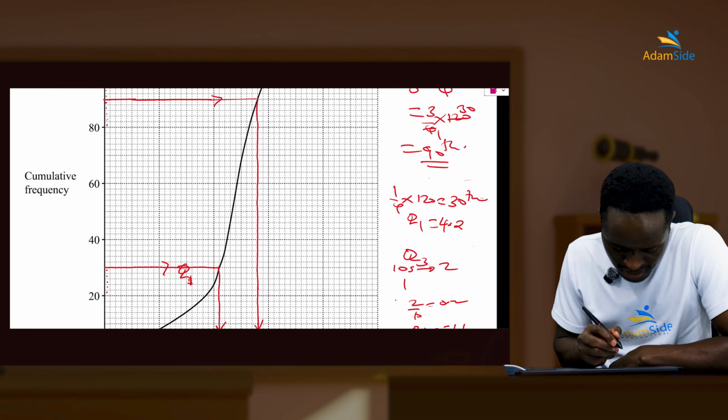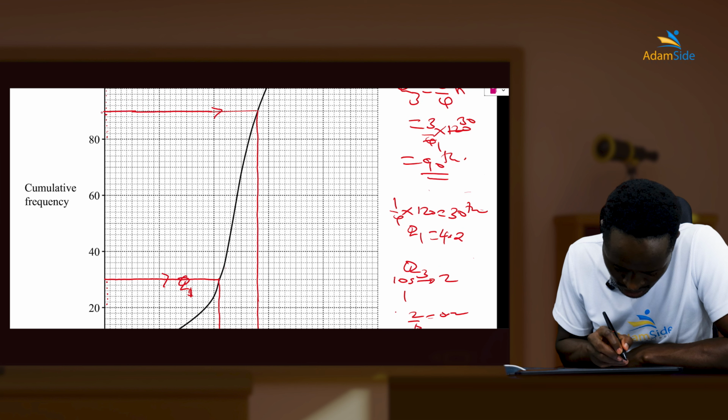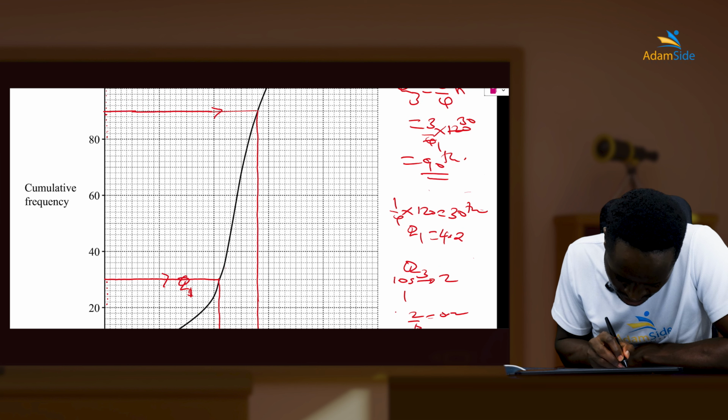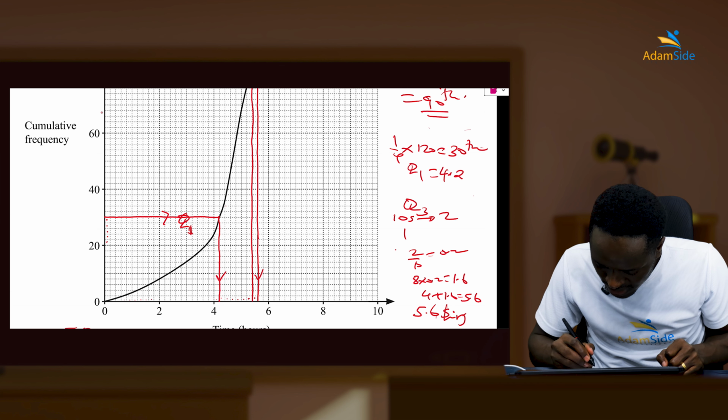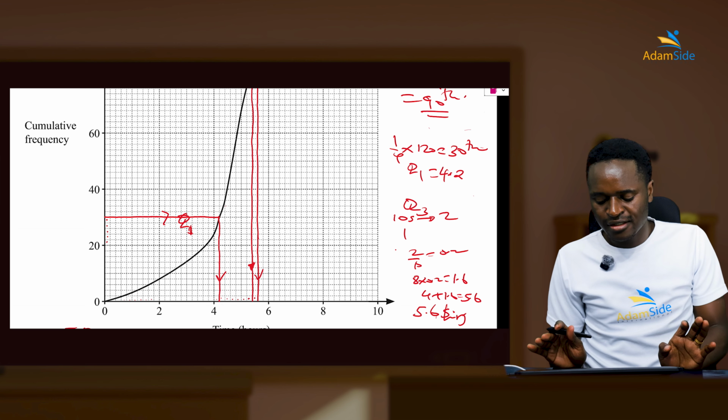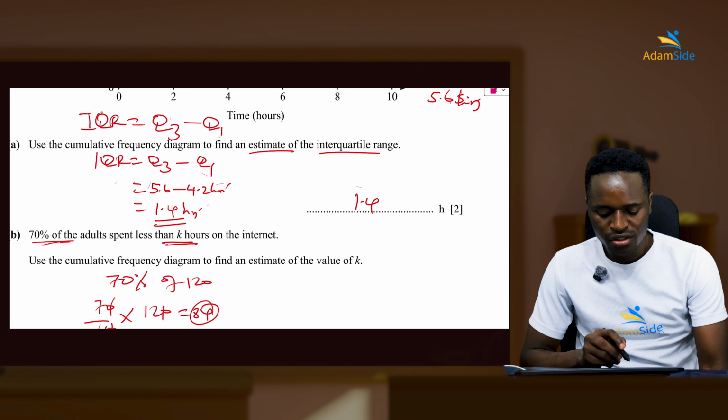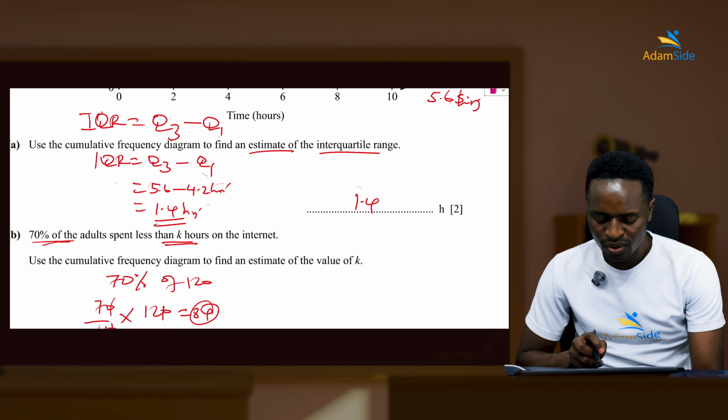So we have 80, and each box is 2 here, so we have 82, 84. Draw a line to the cumulative frequency. So it's here. The question says 70% of the adults spent less than K hours on the internet.